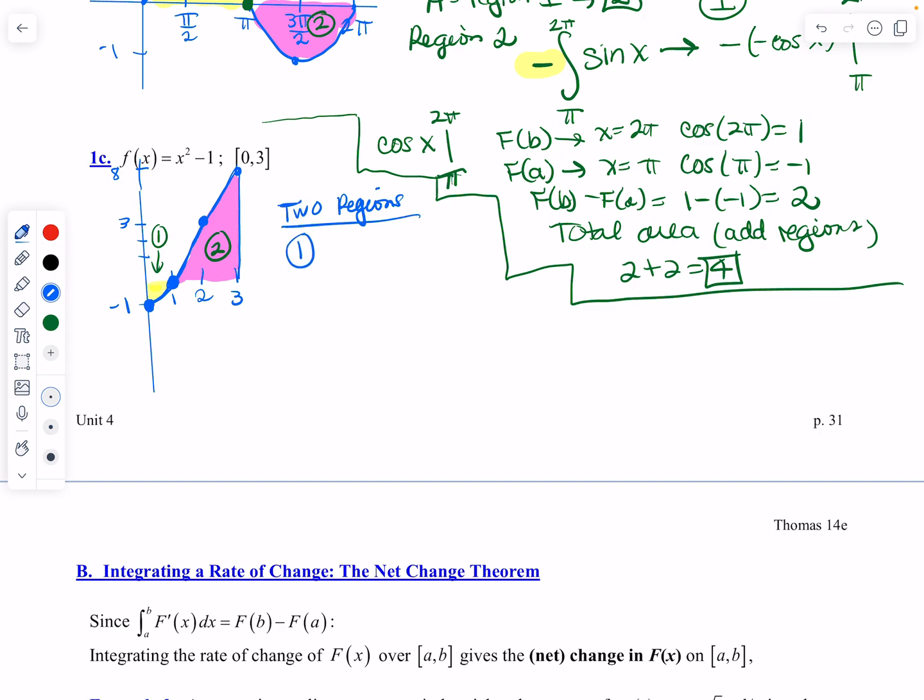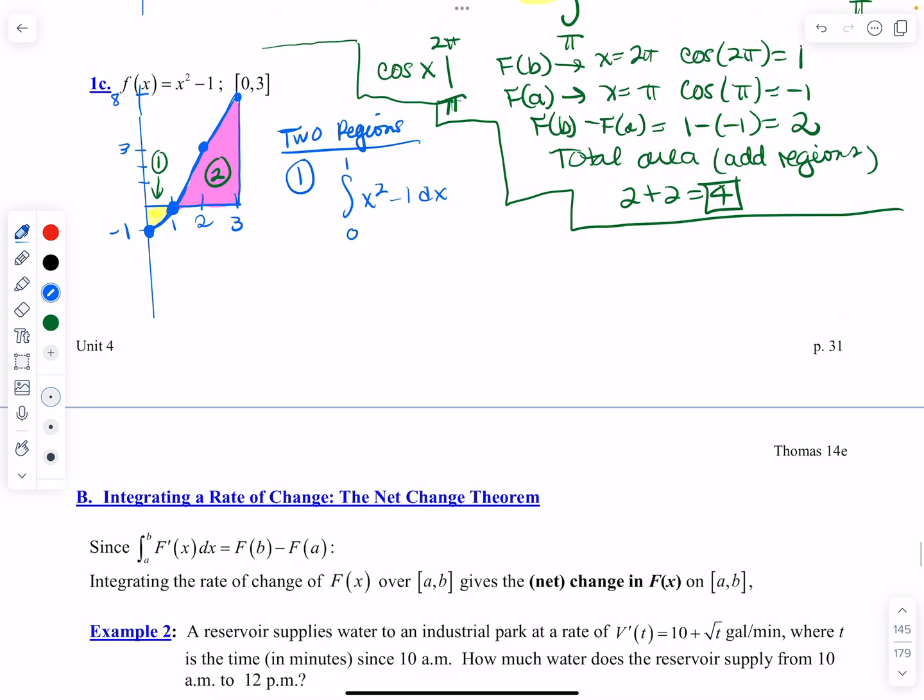Okay, so I'm integrating from 0 to 1 of the function x squared minus 1 dx. Okay? All right, so this becomes 1/3 x cubed when you integrate it, minus x.